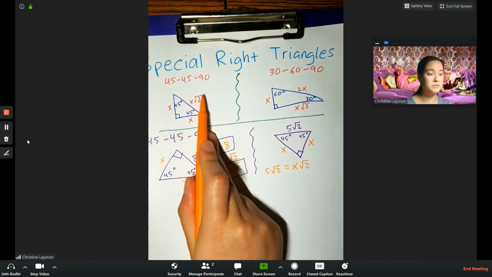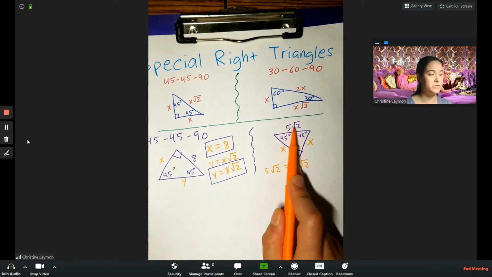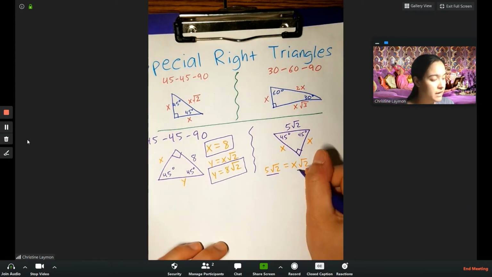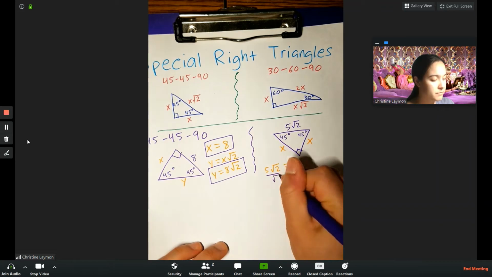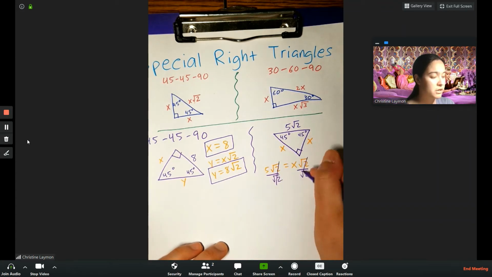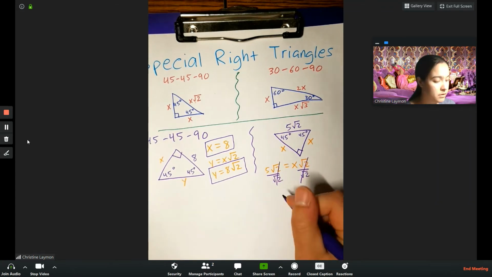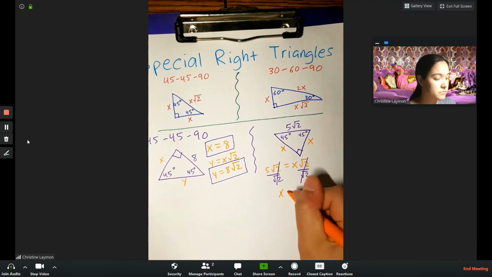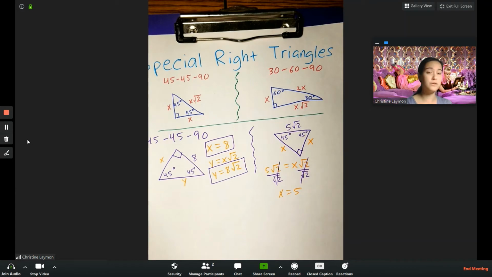X root 2 is the hypotenuse, so this here must be x root 2. I'm solving for x right now. Well, to do that, we're just going to divide both sides by the square root of 2. Your square root of 2's are gone. What are you left with? You are left with x equals 5. So now you know the two legs of that triangle are 5.